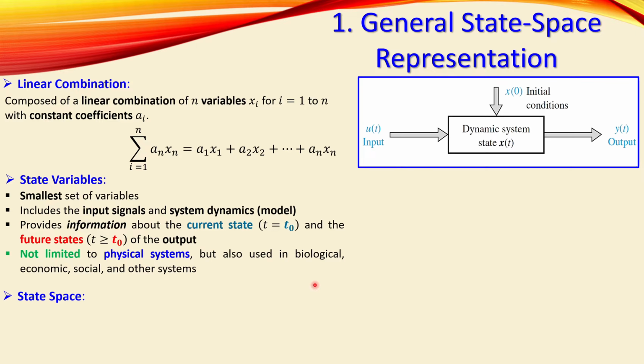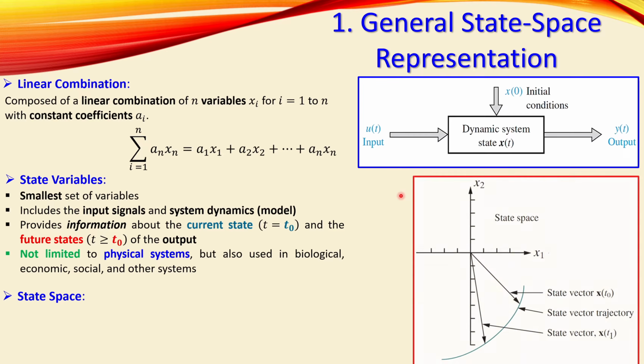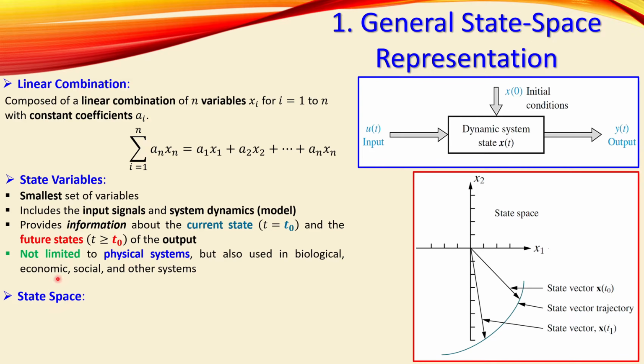So what is a state space? Let's discuss that because we have now discussed the state variables. Now, it is a state and it has a space, so it is a combination of these two. We can have a picture here. The x1 and x2 represent our states, so we have two states here, just to imagine this in 2D.